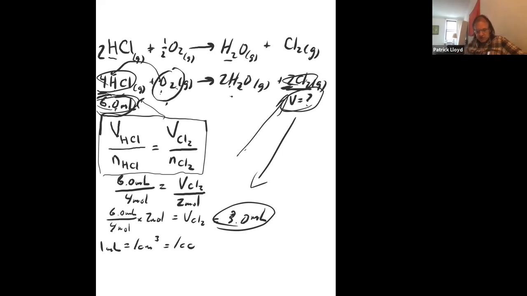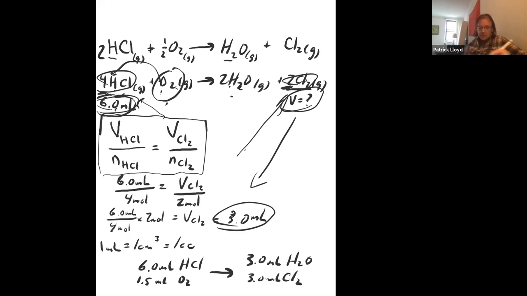If I were to put 6 milliliters of HCl and 1/4 of that, so 1.5 milliliters of O2, they're going to react and give you 3 milliliters of each. These volumes are not additive. This is 7.5. This one's only 6.